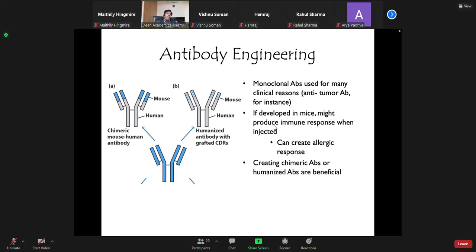Sometimes you have to engineer it in such a way that you can make use of this antibody for one purpose or the other. For example, if you want to make it a diagnostic antibody, you would want to label it with some dye, that's one, or with some enzyme, that's second, or with some agent such as toxins. And why do you require that?